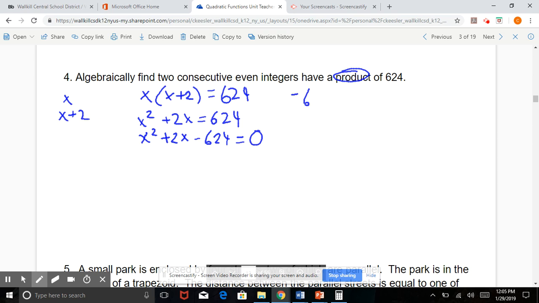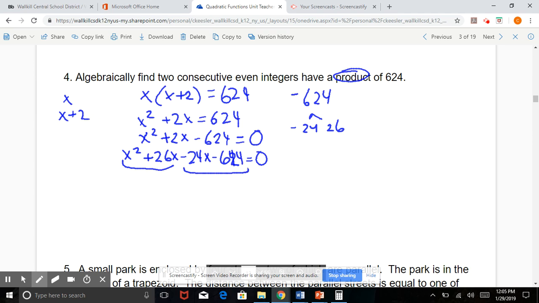So if 24 and negative 26 are factors, I could switch it to negative 24 and positive 26 so that I get positive 2 as my sum. So now I have x squared plus 26x minus 24x minus 624 equals 0. I group and I group.